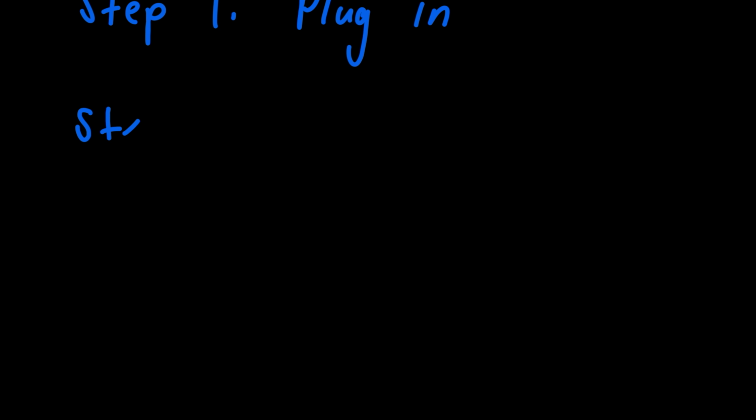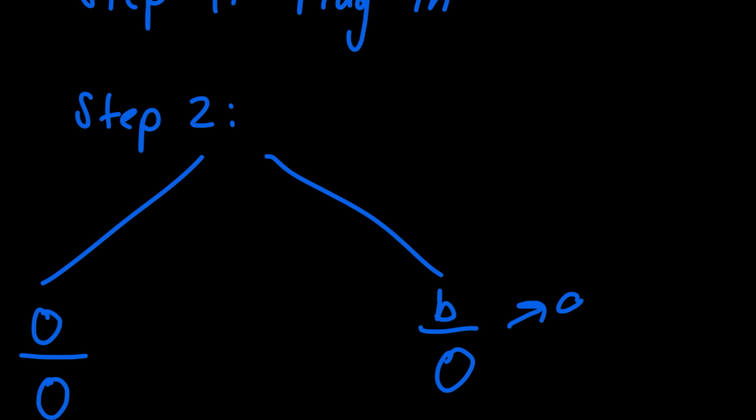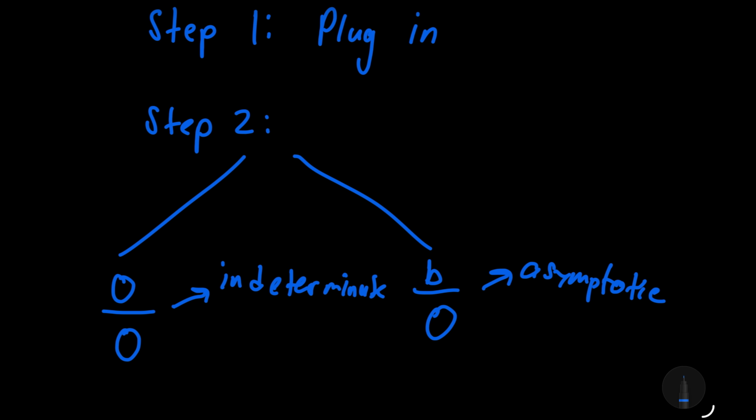Now for step 2, it's a little bit more tricky. We need to see whether it's one of two things: 0 over 0, or any number b over 0. The b over 0 case is called an asymptote. This is the asymptotic behavior. And 0 over 0 is indeterminate. Now asymptotic is associated with any sort of reciprocal function or any sort of function with a horizontal asymptote.